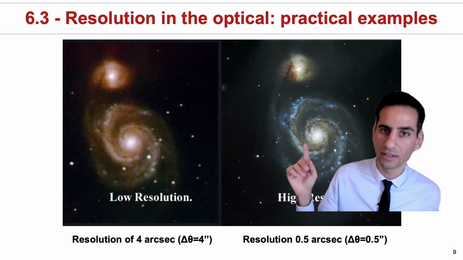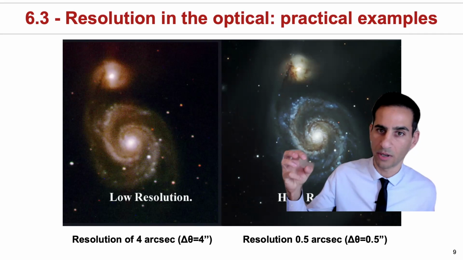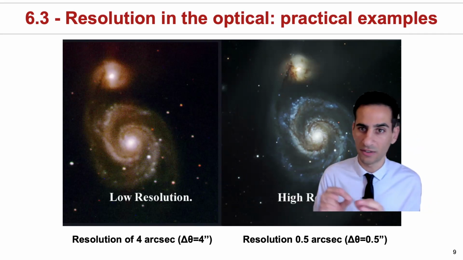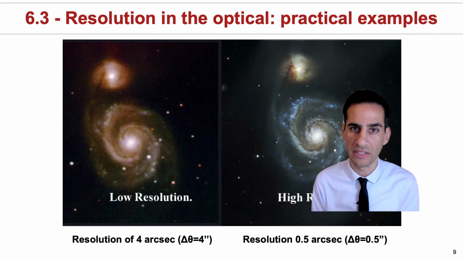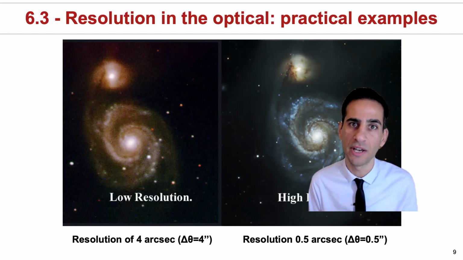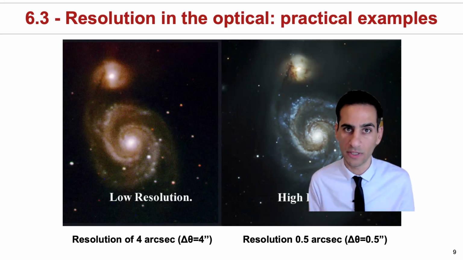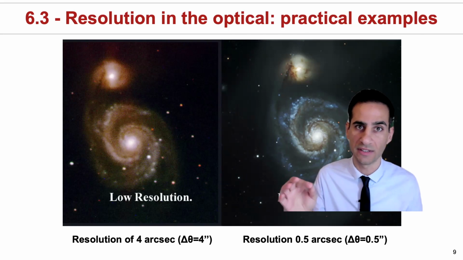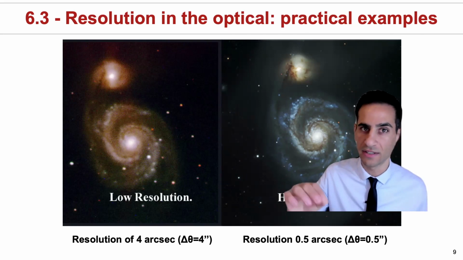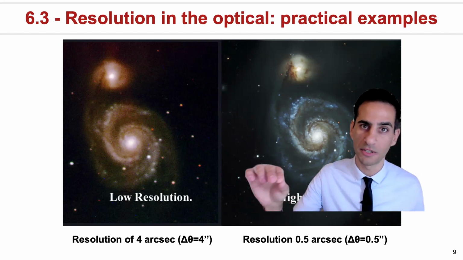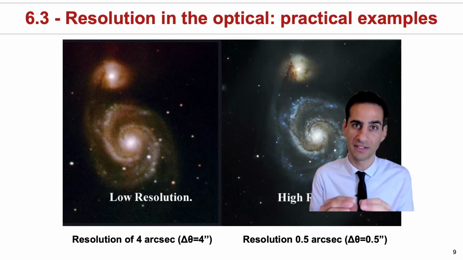So things that in the low resolution will look just like a blob will start to actually split into multiple sources. And this is one of the main drivers for having telescopes with really good resolution. So we can understand the details and actually realize and study different structures and objects instead of just thinking that it is a single object.